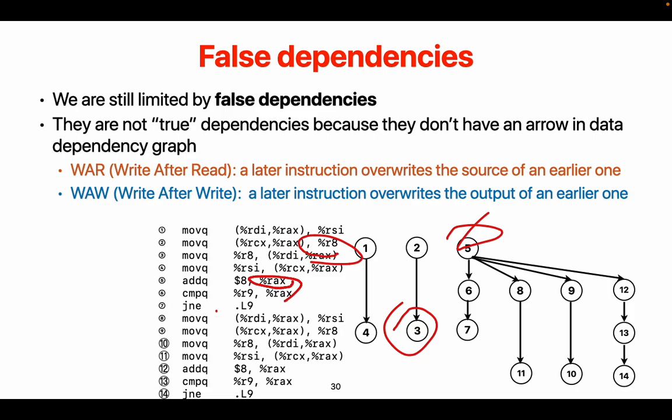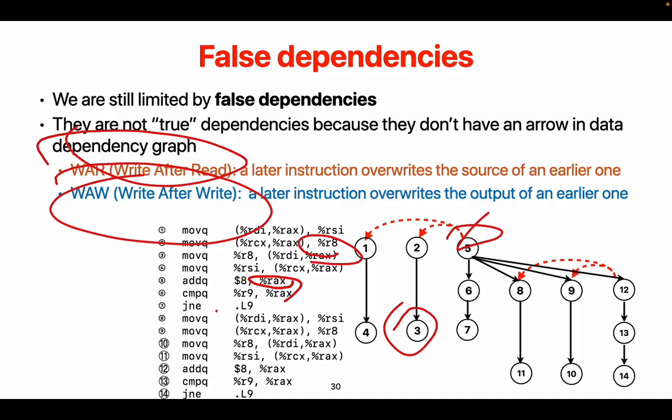And this situation is called write after read, meaning that a later instruction overwrites the source register of an earlier one. And similar to this one, there is another situation which forces us to not be able to reorder the instructions. It's called write after write, meaning that a later instruction is overwriting the output of an earlier one, right?